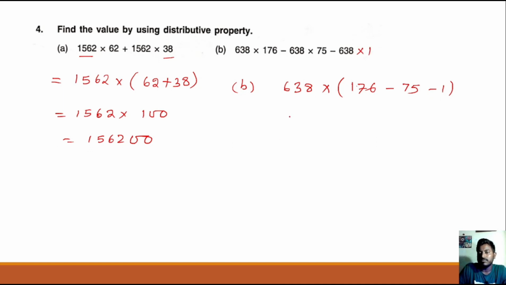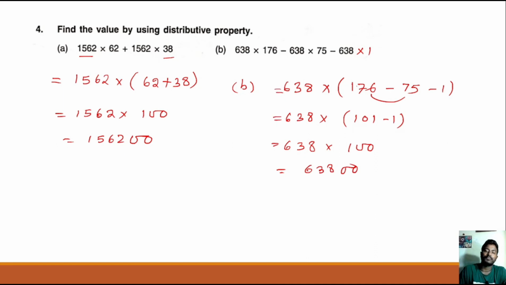So now 638 into, first we subtract, then it equal to 101 minus 1. Now 100 equal to 63800.